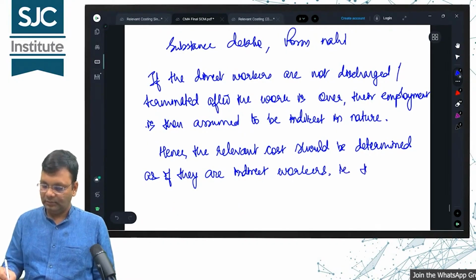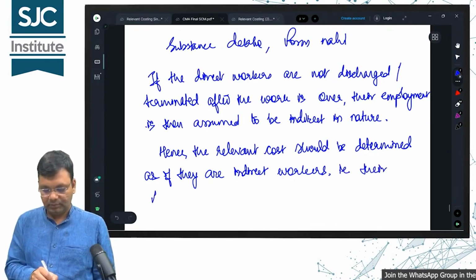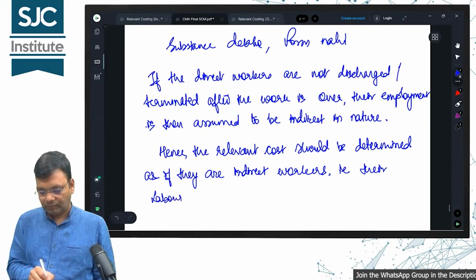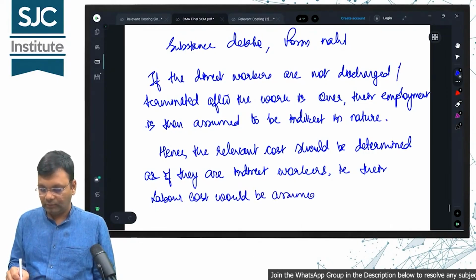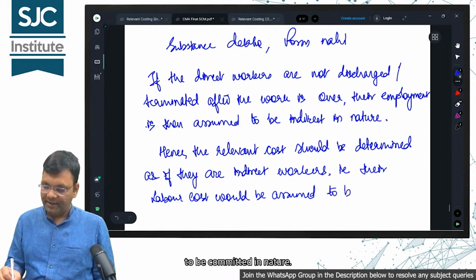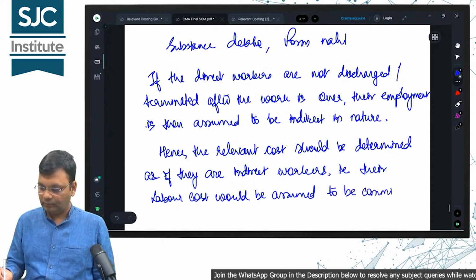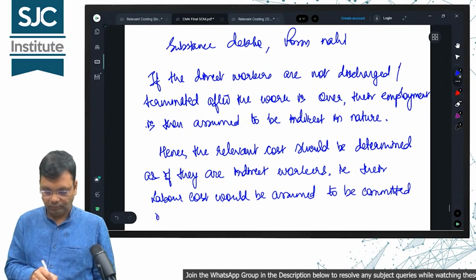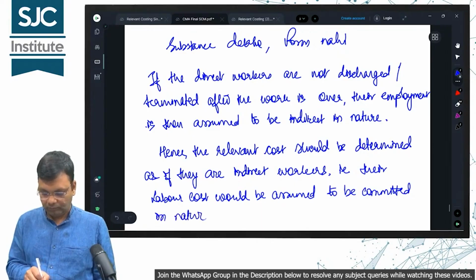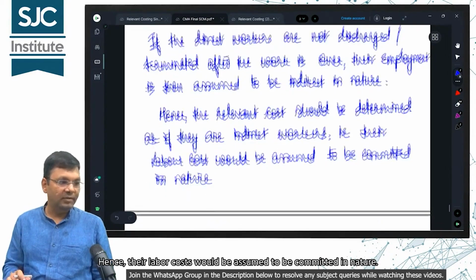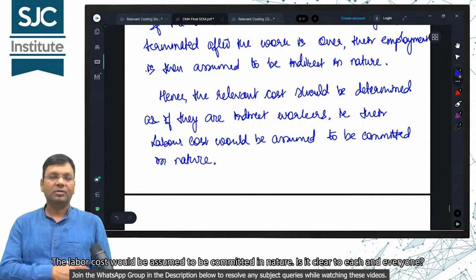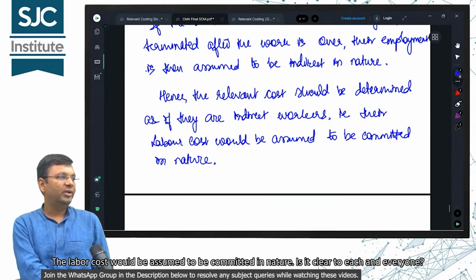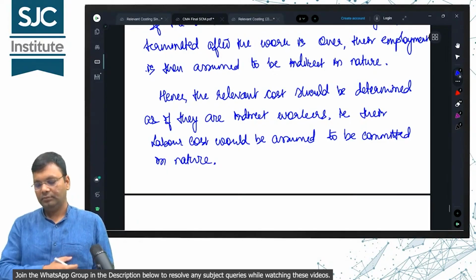That is, their labor cost would be assumed to be committed in nature. Is it clear to each and everyone?